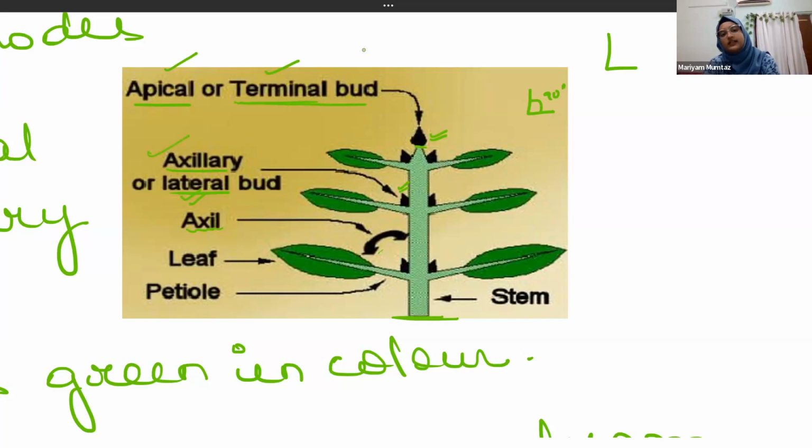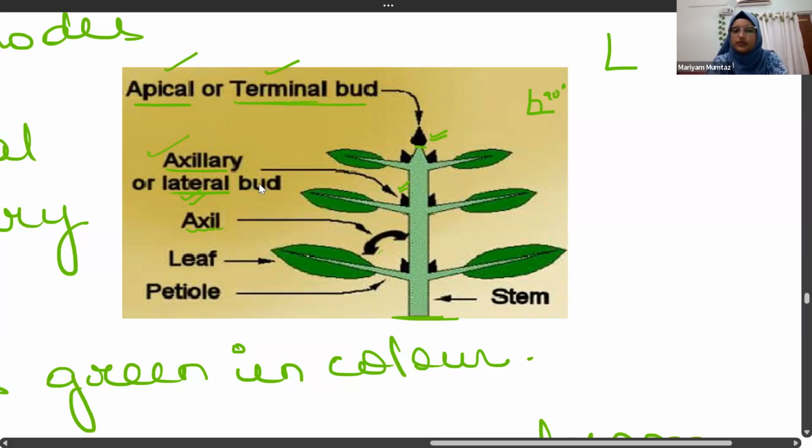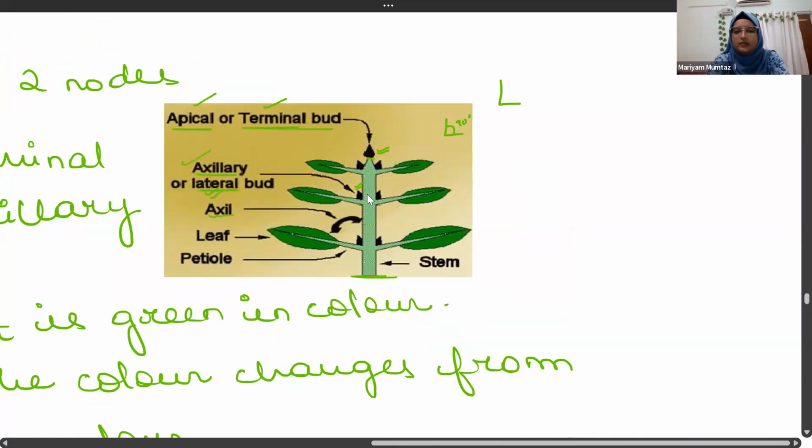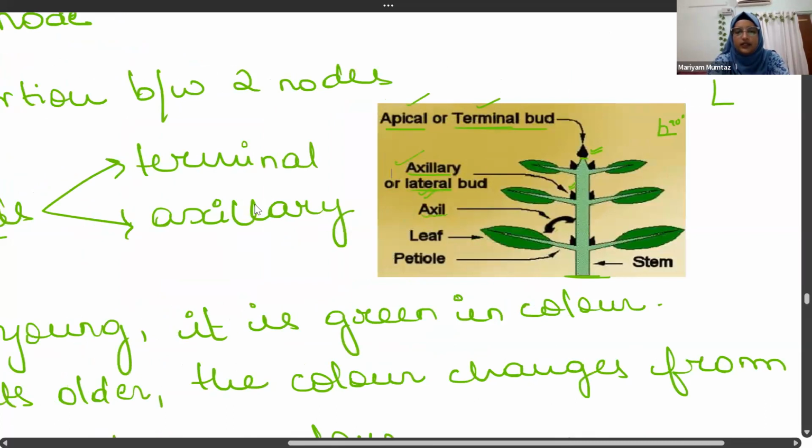So both of the buds are named according to the place they are, isn't it? One is at the apex, so the name is apical. One is at the axil, so the name is axillary. Clear? Now these two buds will be used further on. That is why I've explained it beforehand so that you will remember.